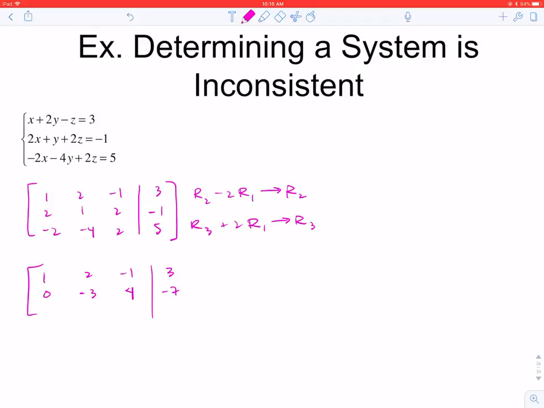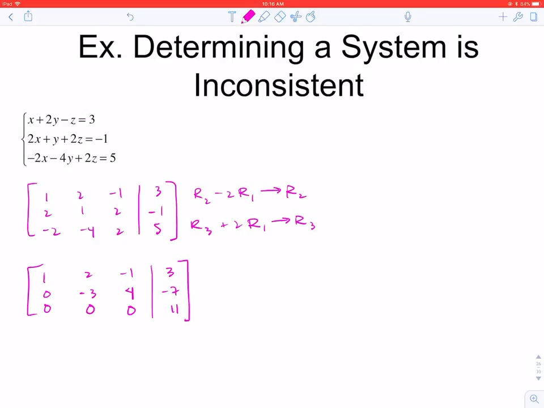For row 3, -2 plus 2 times 1 is 0. -4 plus 2 times 2 will be 0. 2 plus 2 times -1 will be 0. And 5 plus 2 times 3 will be 11.